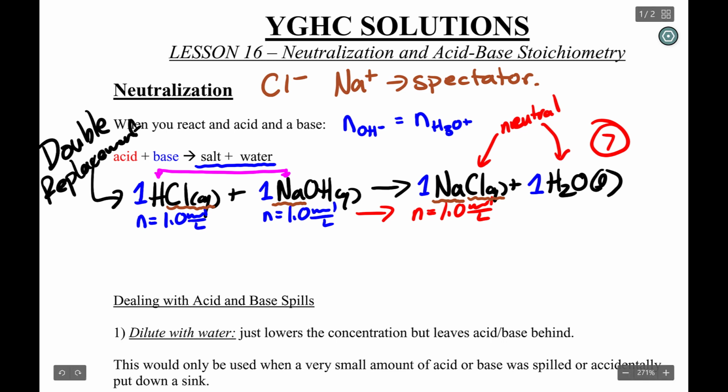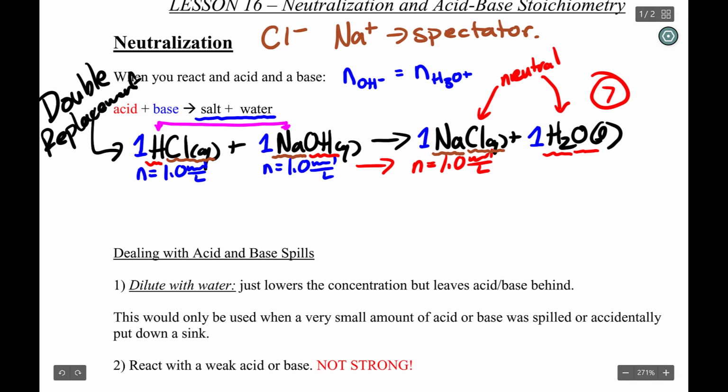What is changing is that the hydrogen ion is becoming part of a water molecule, and the hydroxide ion is becoming part of the water molecule. So there is a change there. They're going from ions to atoms covalently bonded in water. There are two accepted ways to write out the net reaction for this, which would be H plus aqueous plus OH minus aqueous, turning into water.